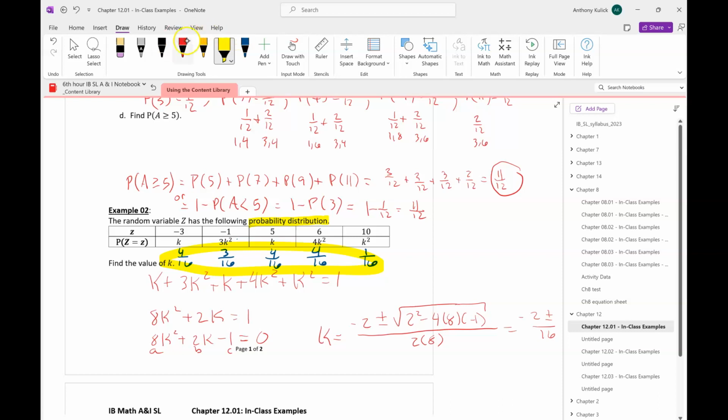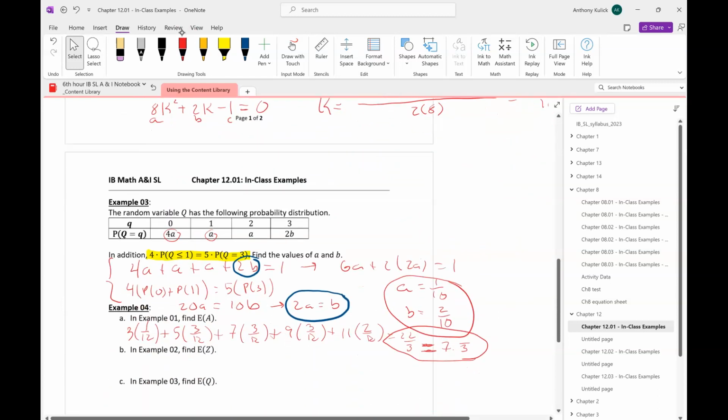Okay, now that I have that, to calculate the expectation, I'm going to do the outcome times the probability, plus the outcome times the probability, and just keep on doing that for all possible outcomes. That's the gist of it.